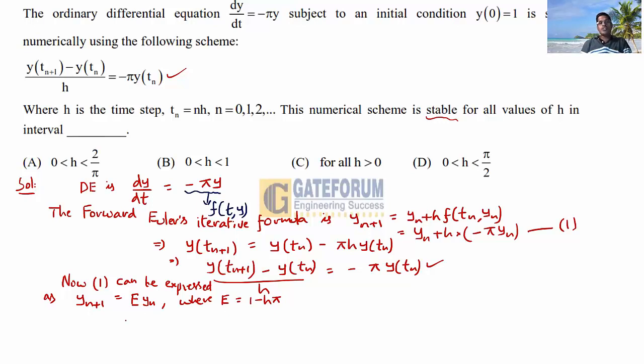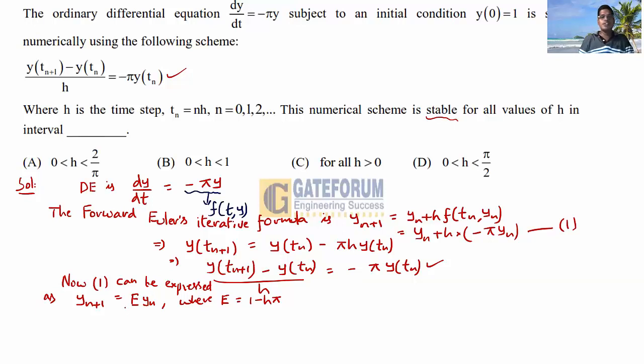So actually y n plus 1 is equal to E into y n plus h into k, where k is a constant or contains t i terms. That is the standard form of writing the Euler's forward iteration formula before making the stability analysis.